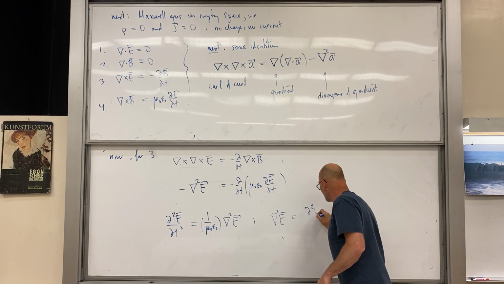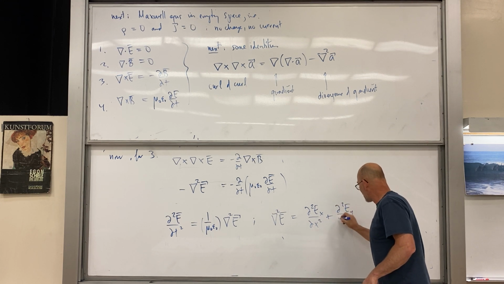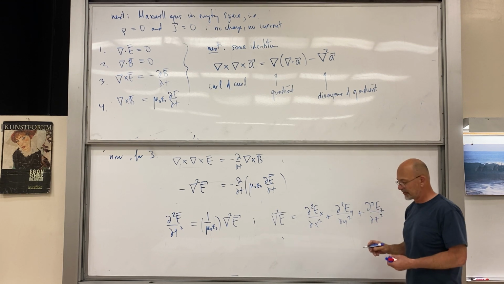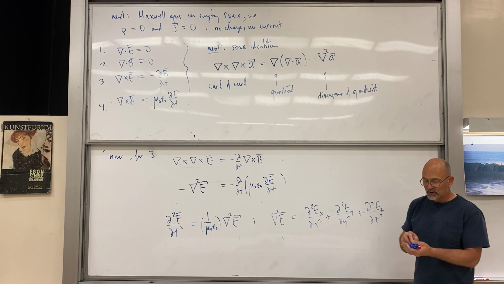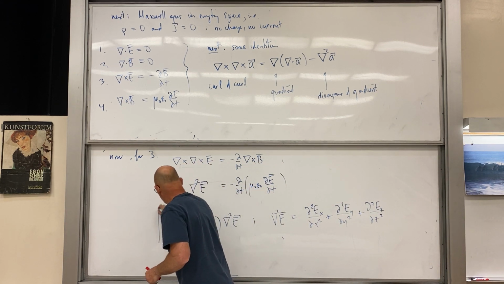That's d squared Ex dx squared plus d squared Ey dy squared plus d squared Ez dz squared. Okay, but we're going to finish with this thing right here.